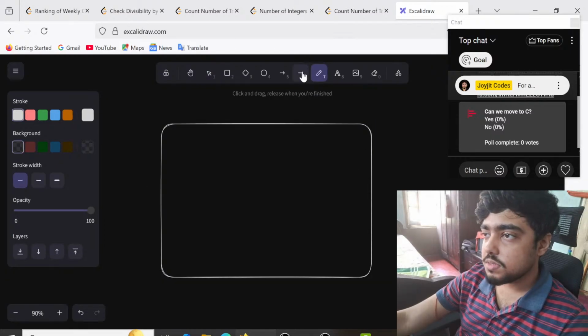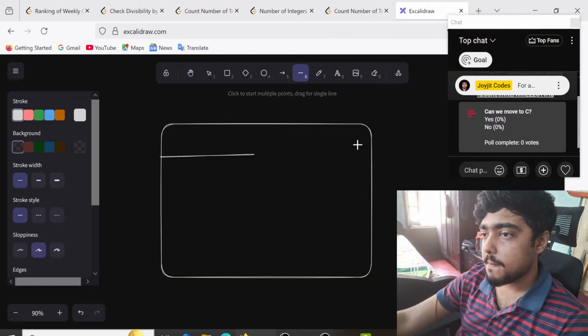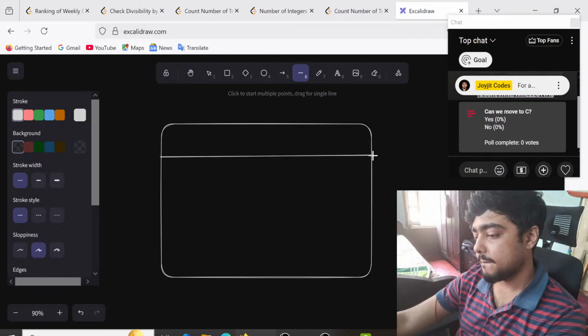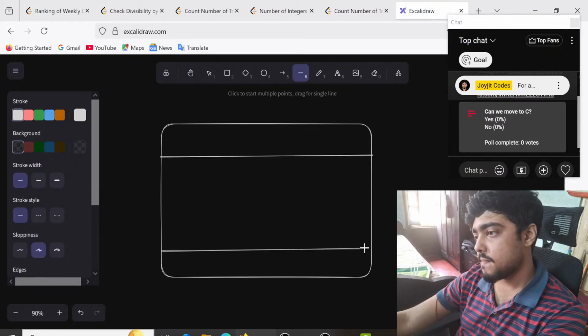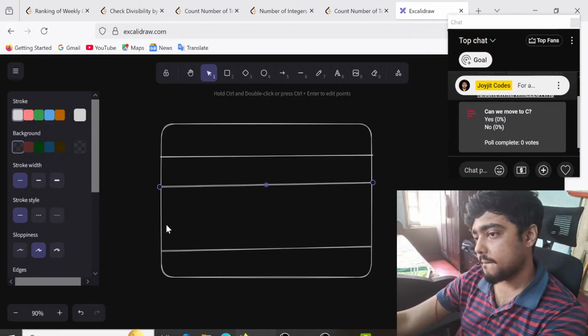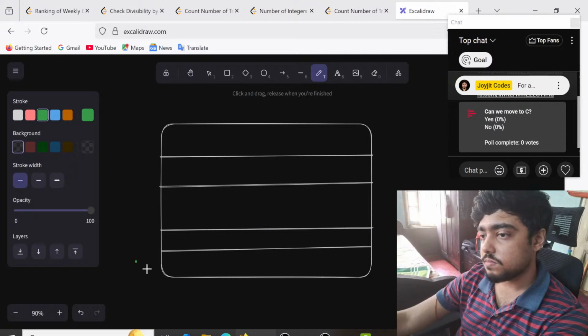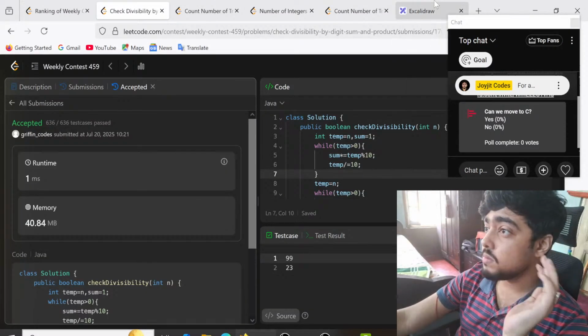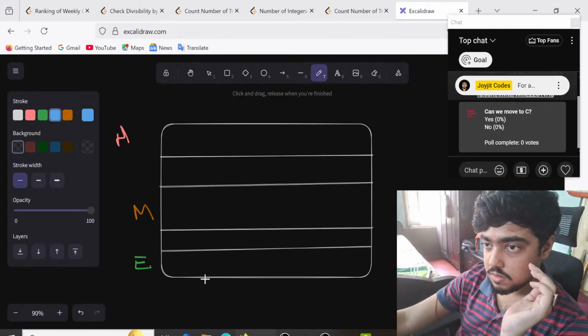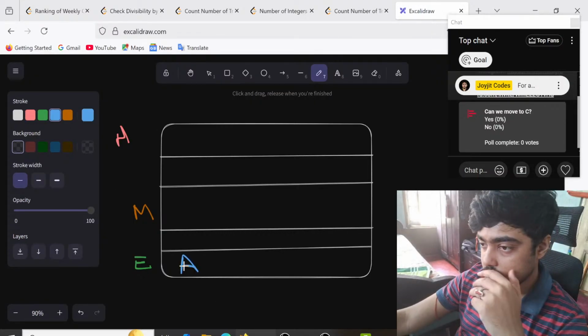Let's rate the problems. The first problem was easy, very easy.